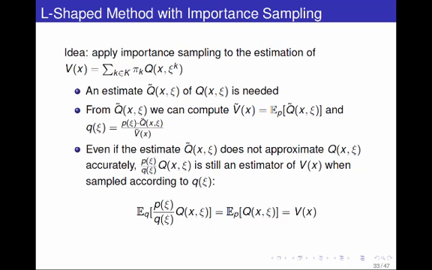Here's how we're going to apply the idea of importance sampling to our algorithm. The C, random variable that I referred to earlier in my example, in our case will be v of x, the value function given a decision x.